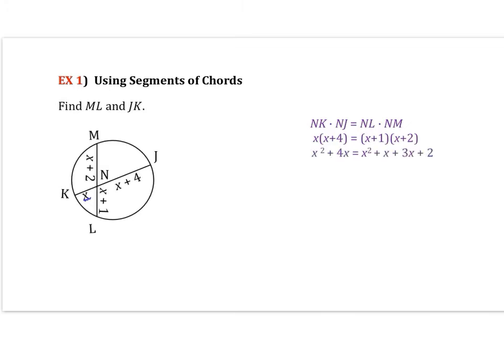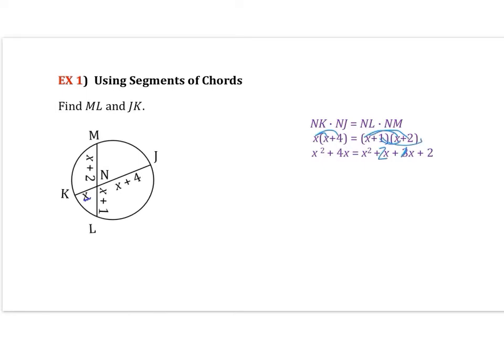Do your distribution. On the left side, we will have a single distribution: x times x gets you x squared, and then x times 4, which is 4x. On the right side, we'll have x times x, which is x squared, x times 2, which is 2x, and then 1 times x, whoops, it should not be a 3, it should be a 1, so just cross that out, and then 1 times 2, which is 2.